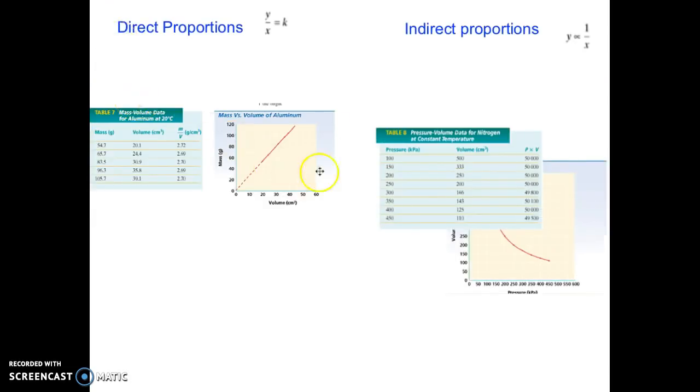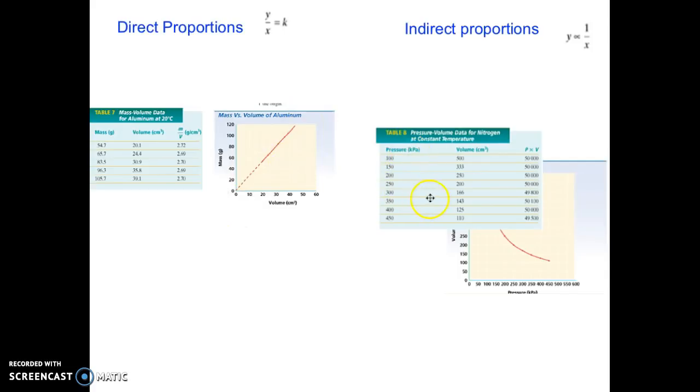And then finally, the last piece I want to talk about really briefly is your book talks about direct proportions and indirect proportions. We're hoping you could look at a data set and say, oh wow, this is going up, the mass is going up, the volume is going up. That's a direct relationship, and a graph would look very similar to this.